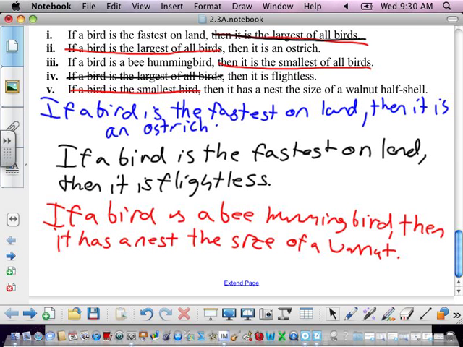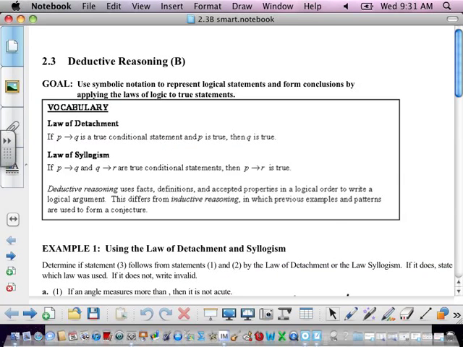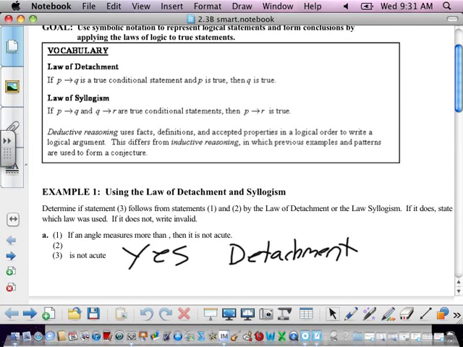All right, I am just going to do A from 2.3, B, and then I will let you do the rest for extra credit. So we're looking at 2.3B, example 1, A. It is detachment.